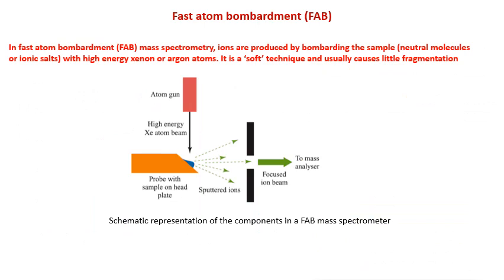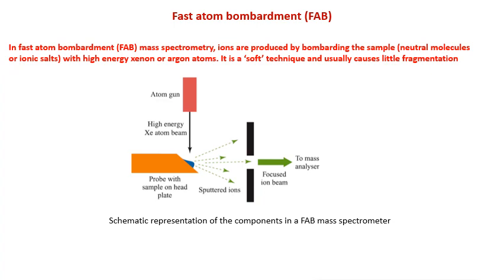Now coming to another technique, called fast atom bombardment, or FAB in short. In this technique, ions are produced by bombarding the sample. The sample may be a neutral molecule or an ionic salt, bombarded with a high energy xenon or argon atom beam.